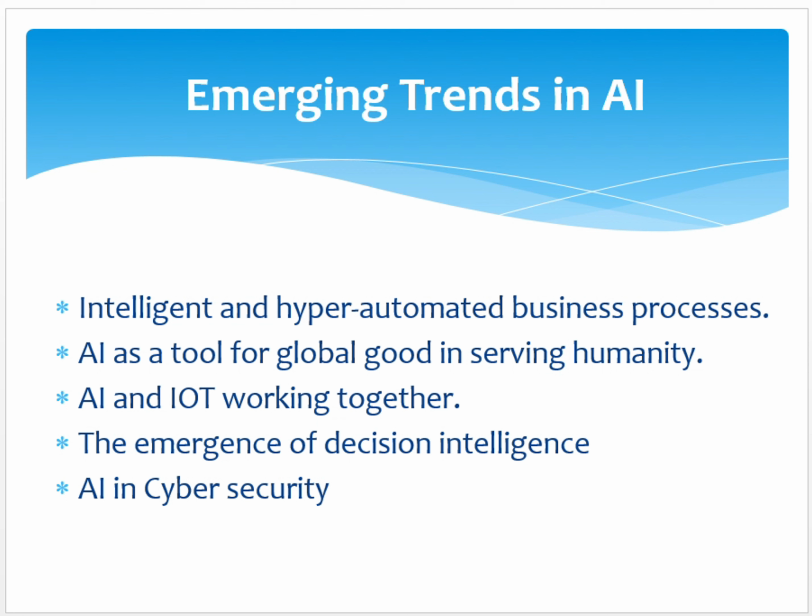Another emerging trend is AI being used as a tool for global good in serving humans. So much is going to happen in AI. These are examples of some of the emerging trends in AI.